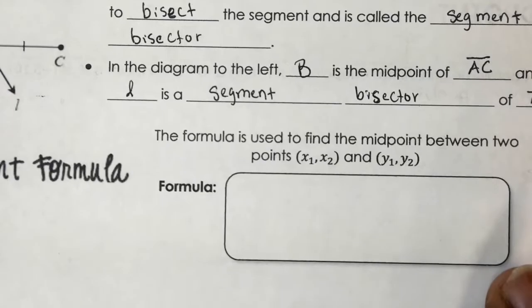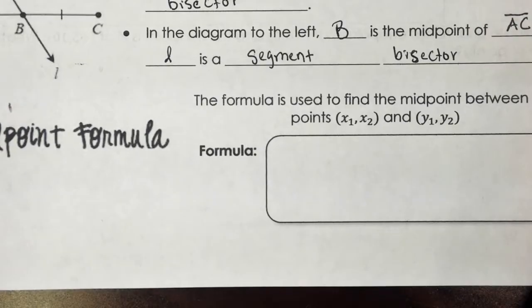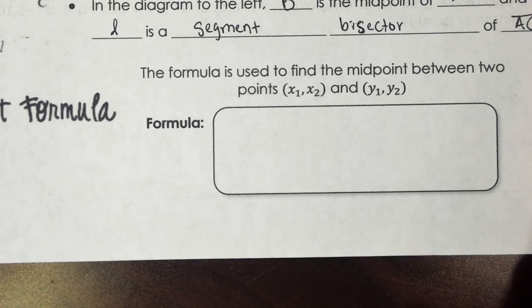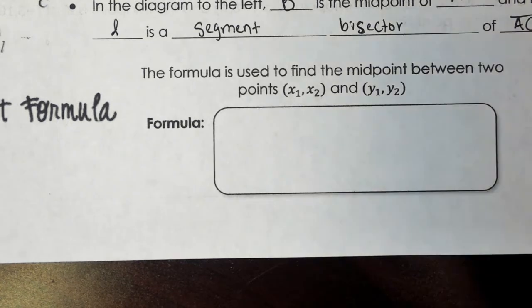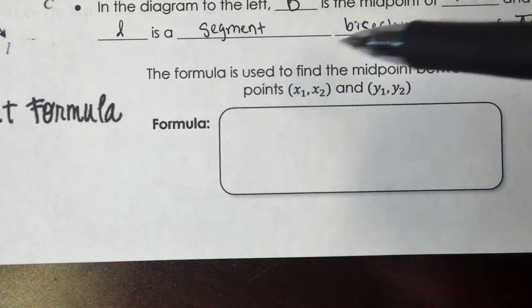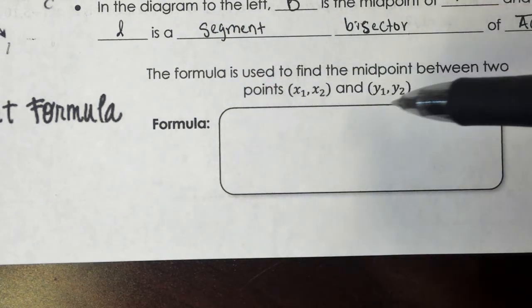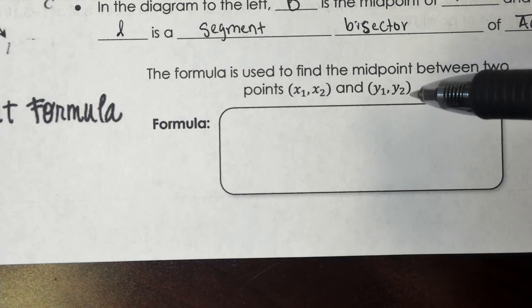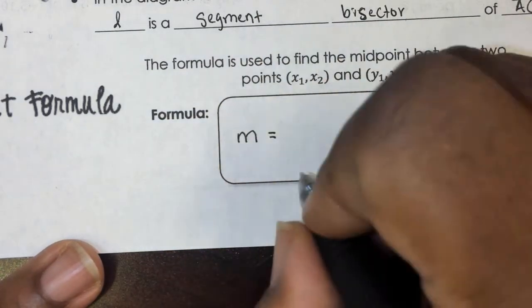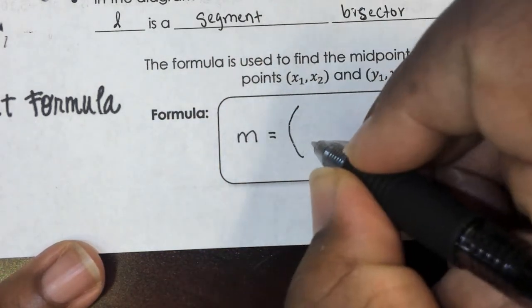So, the midpoint formula, this is if I want to find the midpoint between two points. And the points are going to be in coordinate form. This is the coordinate form midpoint formula. So the formula is used to find the midpoint between 2 points, x1, y1 and x2, y2. The midpoint formula says M equals, then you have a big parentheses.